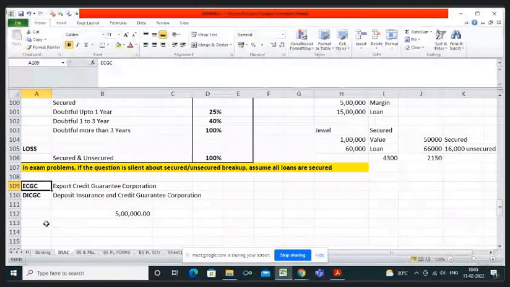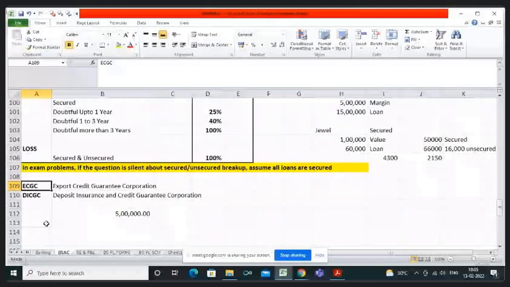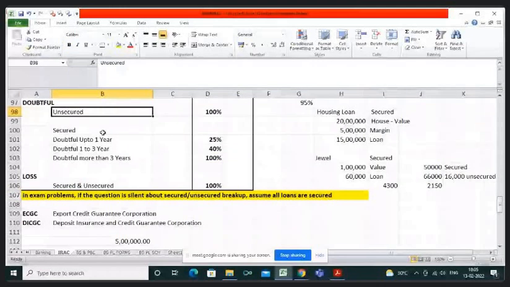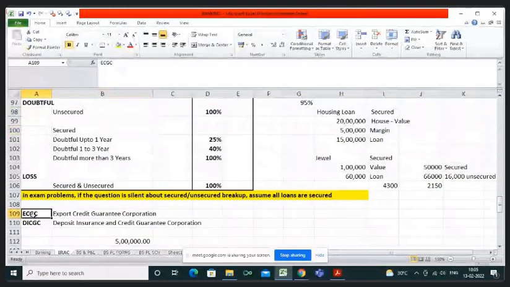In the remaining portion, ECGC or DICGC would have provided a partial guarantee, 50%, 25%, which you have to exclude. Then we find the unsecured portion. So there will be 3 portions in case of ECGC and DICGC. Apart from the secured and unsecured, there will be a portion guaranteed by ECGC or DICGC. On that portion you should not make any provisions. You should make provisions only for secured and unsecured portions.